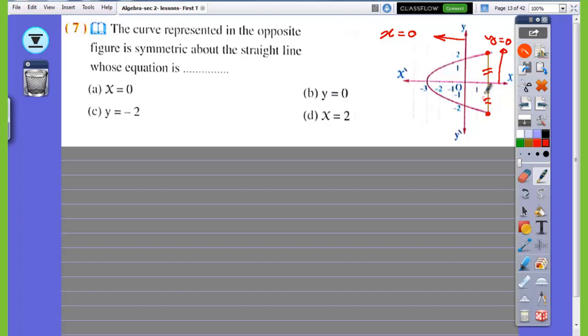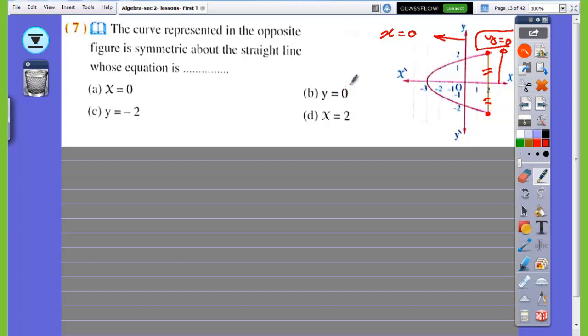so you can say that for every point belonging to the curve, we have another point, which is the image of this point by reflection on the x-axis. So the curve is symmetric about the x-axis, whose equation is y equals 0.